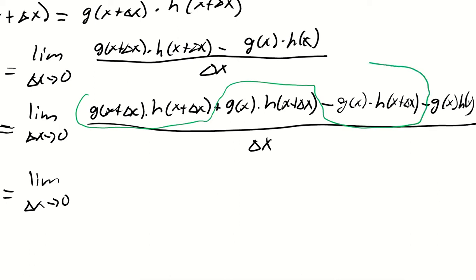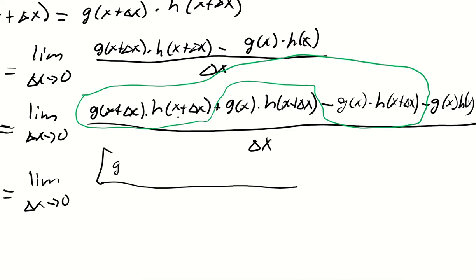These two have a common h of x plus delta x, so I can factor that out. What will be the remaining terms? Here will be g of x plus delta x, then here will be minus g of x. Then I'll factor out h of x plus delta x.